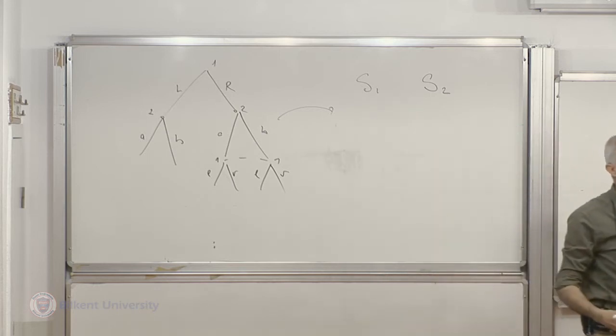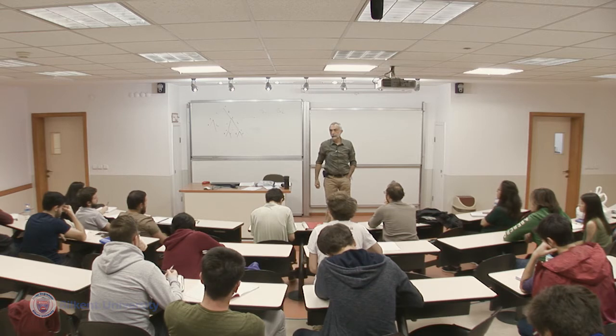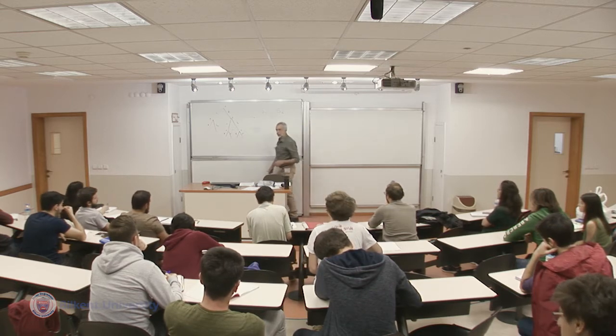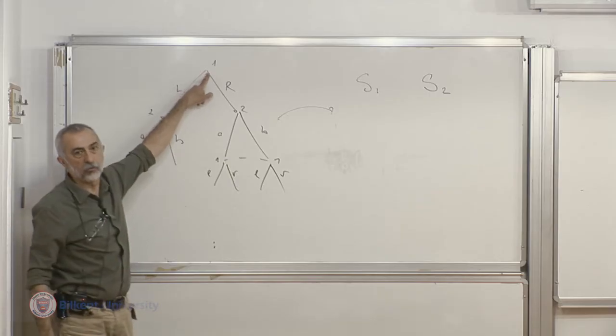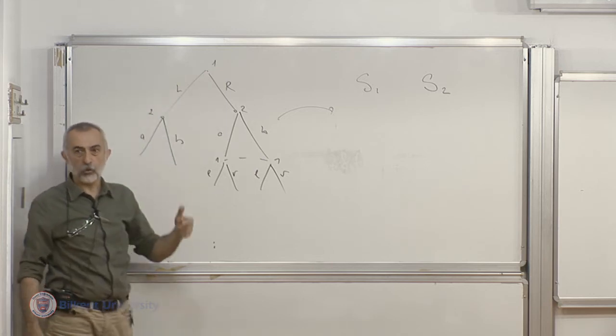But is that the only reasonable way to handle this? For example, your friend had a slightly different idea. He said, when I come here, I'll choose L with some probability, so I'll flip a coin.